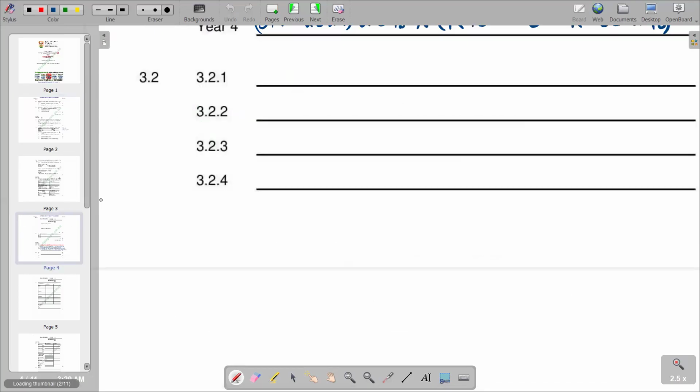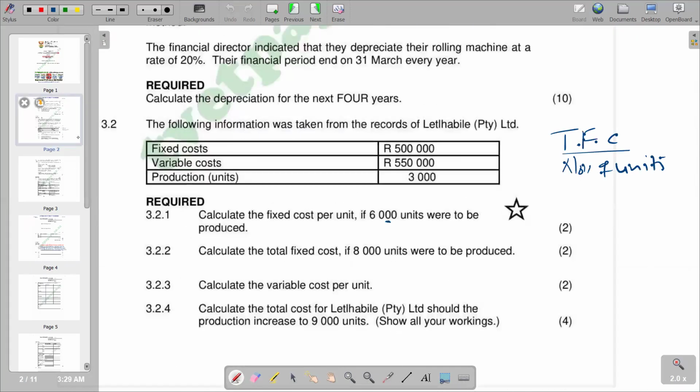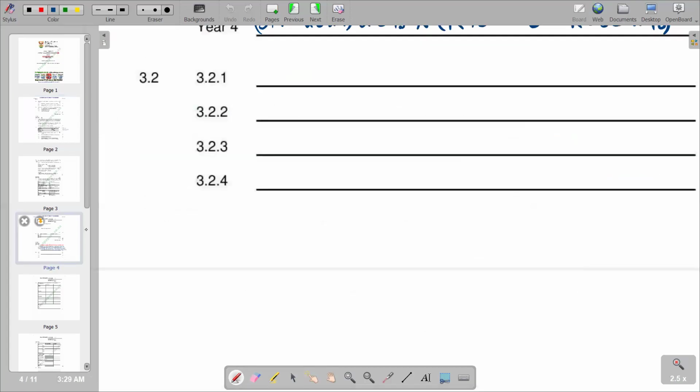So coming here now, we see that our fixed cost is 500,000. Then 500,000 I will divide by 6,000.